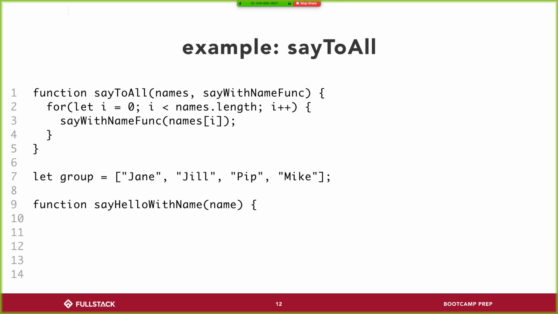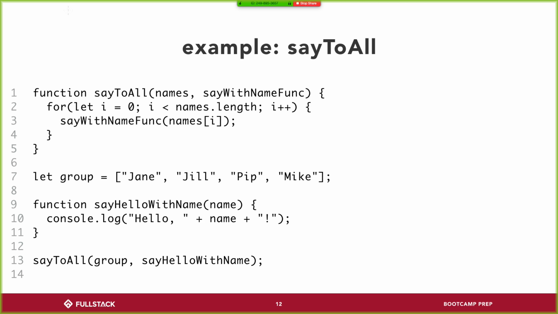So yeah, this is an example of multiple. So there's kind of a lot going on here, but essentially the say to all function takes in an array and a function, and it's basically going to call that function taking in every single element of the array as the parameter. So it's going to call that function multiple times.